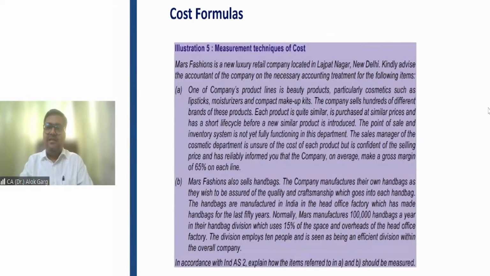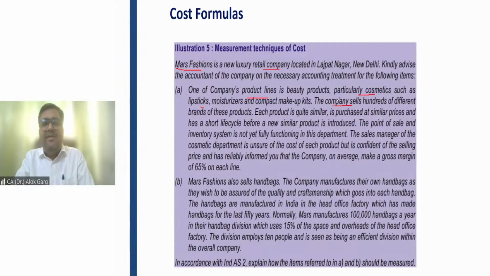Let's discuss the cost technique with the help of this ICAI study material. Example: Mars Fashion is a new luxury retail company located in Lajpat Nagar, New Delhi. Kindly advise the accountant of the company on the necessary accounting treatment for the following items. One of the company's product lines is beauty products, particularly cosmetics such as lipstick, moisturizer, and compact makeup kits.